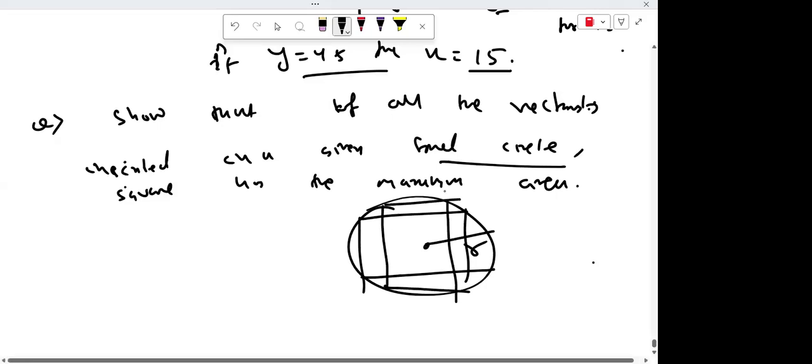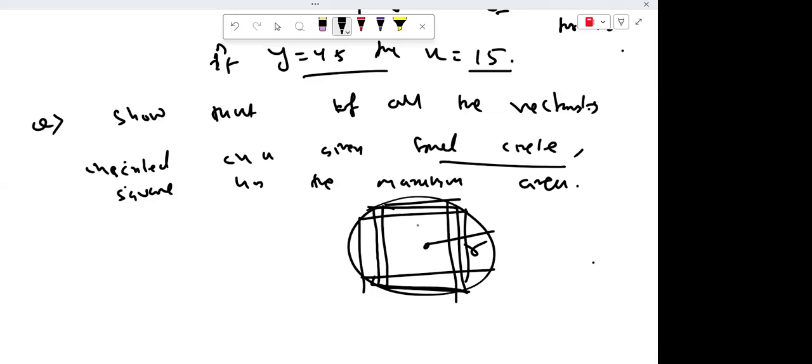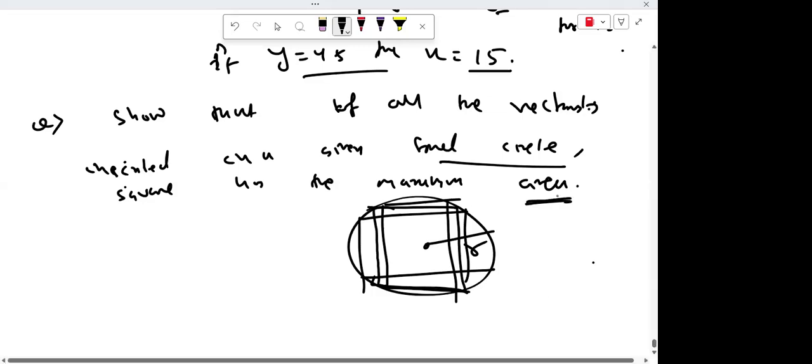They are saying prove that of all the rectangles, the square has the maximum area. The square has all sides equal. You have to show that. So you have to maximize the area of the rectangle, and that will give you the proof that it is a square.